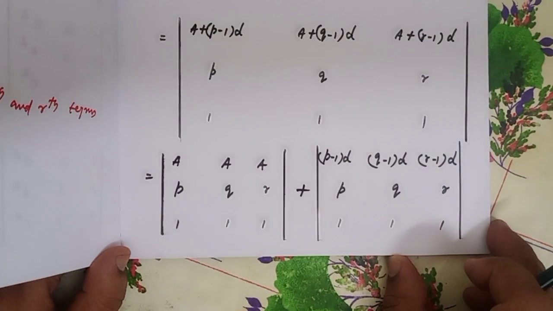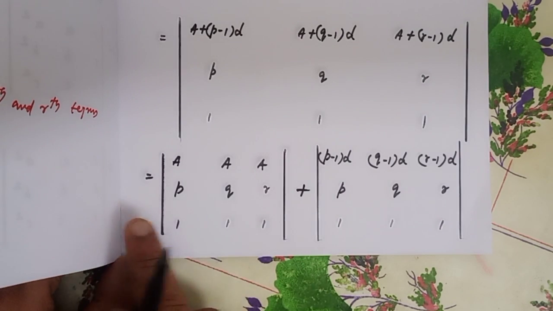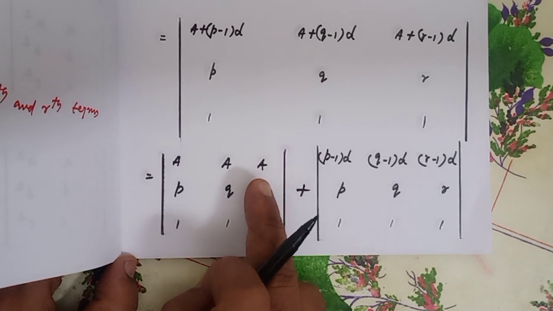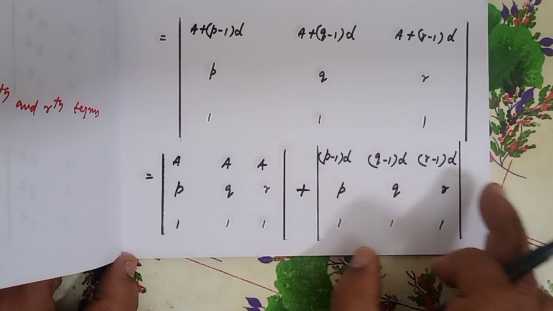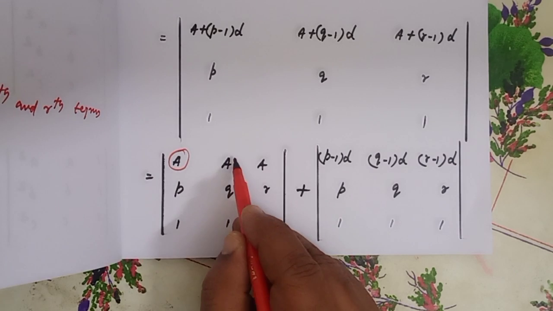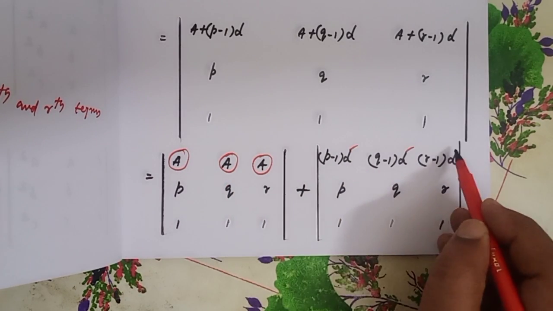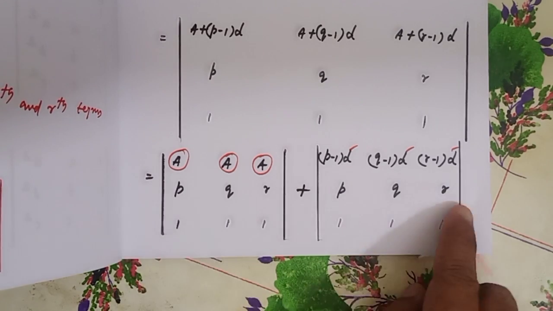In the first determinant, you can take A as common from the first row. In the second, take d as common from the first row. For your reference, I highlight that A here and d here.